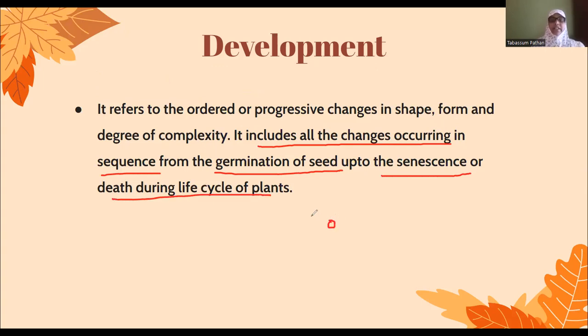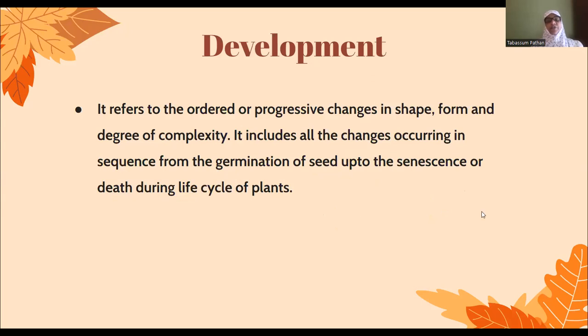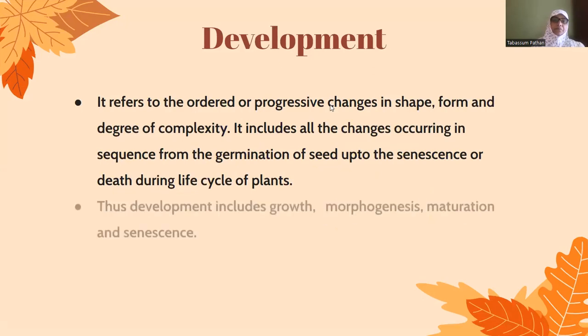So right from when the seed is sowed under the ground till the plant is fully matured, it is there for a certain period of years, and then it dies off. So this entire period is about development. All the changes that take place from birth to death involve development.